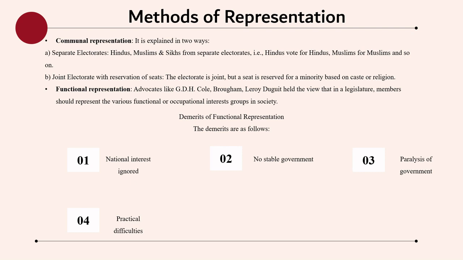Third, functional representation. Advocates like G.D.H. Cole, Bowman, Leroy, Duguit held the view that in a legislature, members should represent the various functional or occupational interest groups in society.